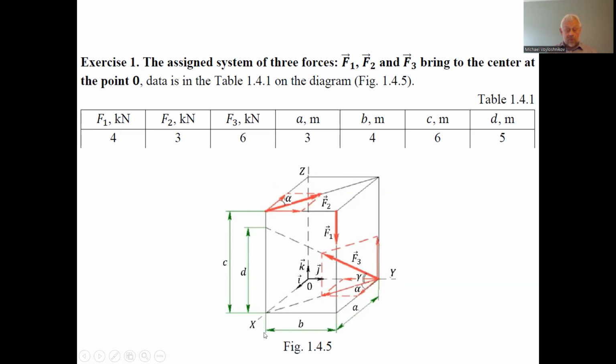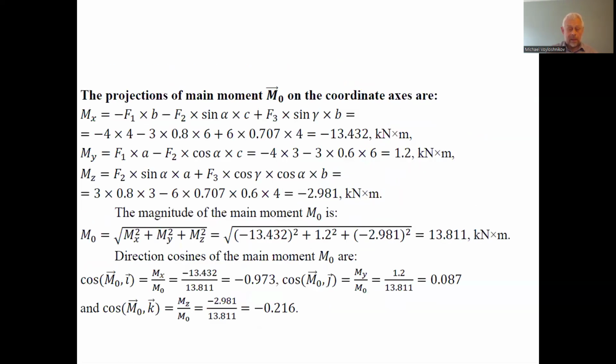This is the projection of all the forces on the axis X of the main moment caused by the three forces specified in the assignment. And the same we can find the projection on the y-axis.